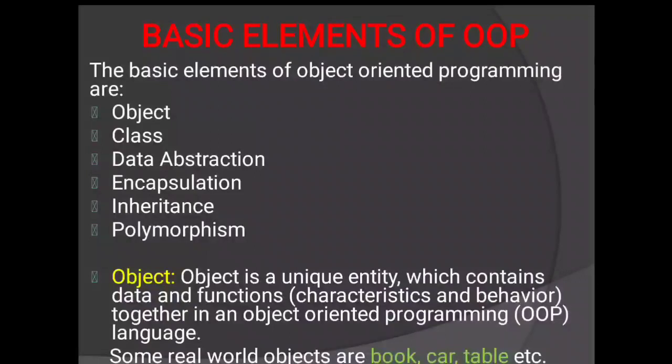Those are the characteristics or data of a chair. And a chair we use to sit or to keep things, that is the function or behavior of the chair. Similarly, each and everything, if we need to define it as an object, then we can do so.